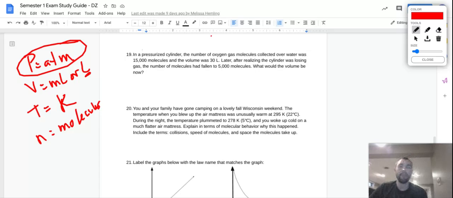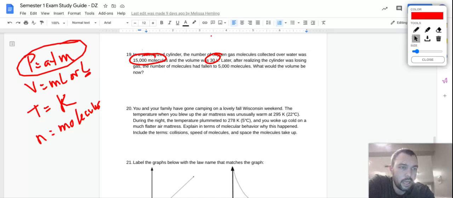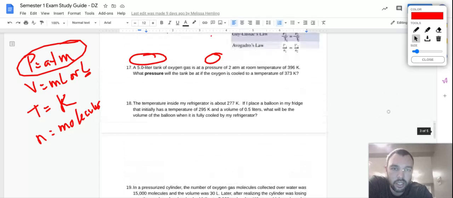Welcome back. All right, so let's check this one here. Let's see what we have. 15,000 molecules in a volume of 30. So molecules, that's going to be my N. So we have N and volume. Let's see how that equation is written out.